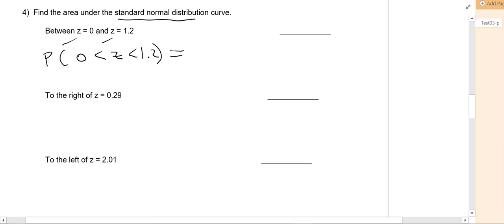Since I'm between two numbers, this is going to be the probability associated with the larger number, 1.2. And if you look this up in the table, you're going to find out that that is equal to 0.8849.